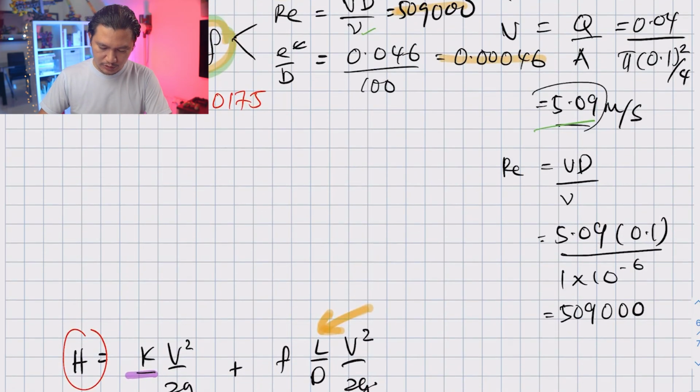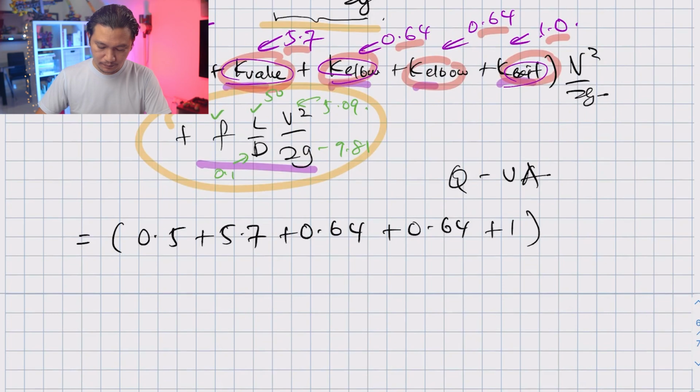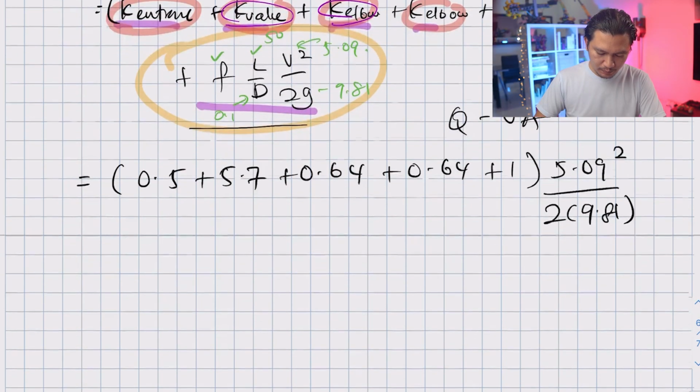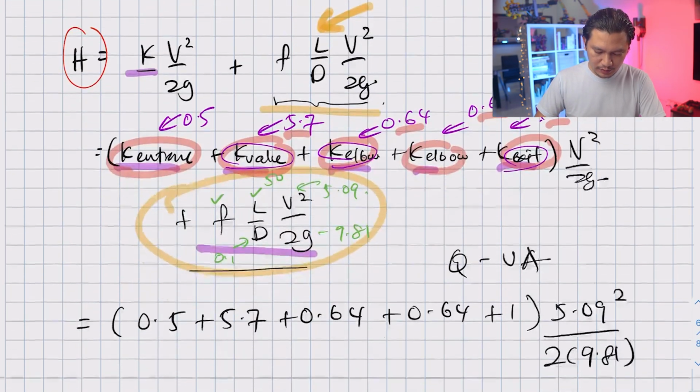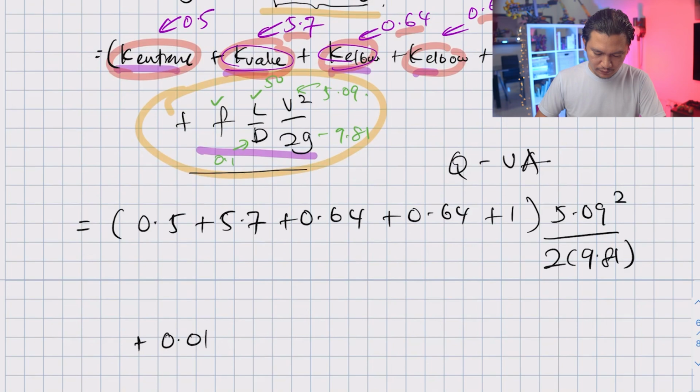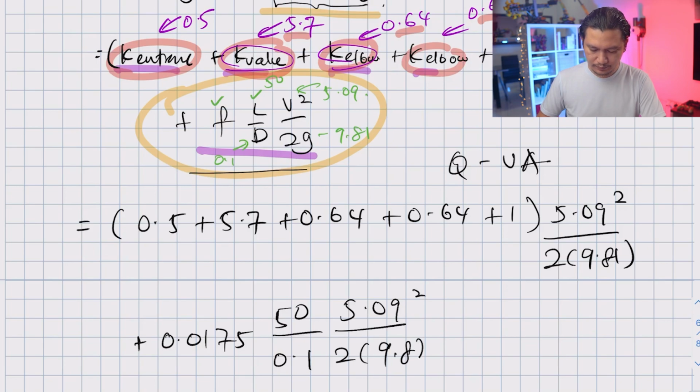Velocity is 5.09. This is 5.09 square divided by 2g, 2 times 9.81, plus this term. What is our f? f is 0.0175, L is 50, D is 0.1, velocity is 5.09 square, divided by 2 times 9.81.